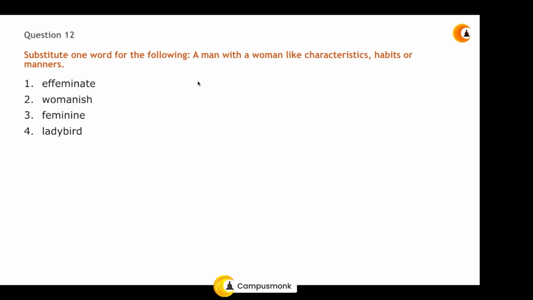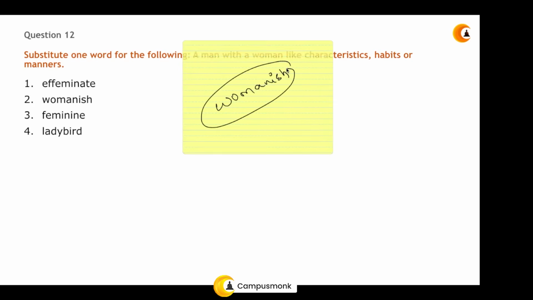Alright, so it says a man with a woman's characteristics, habits, or manners. Now, if I look at the option womanish, womanish is a characteristic. I can say he is behaving womanish.